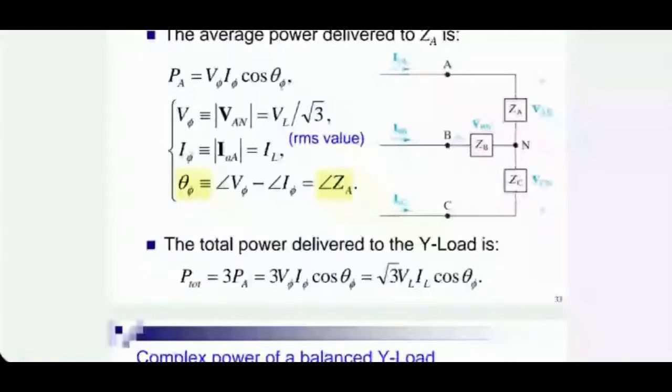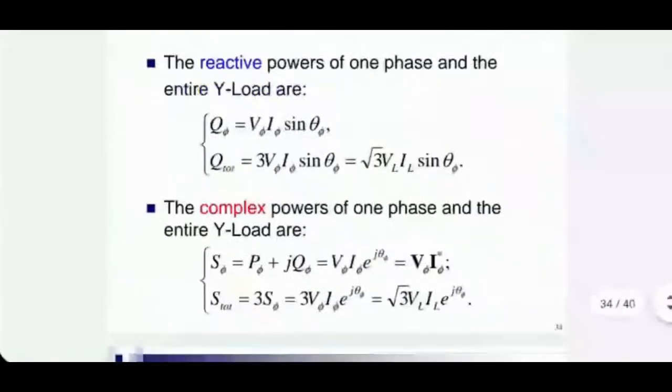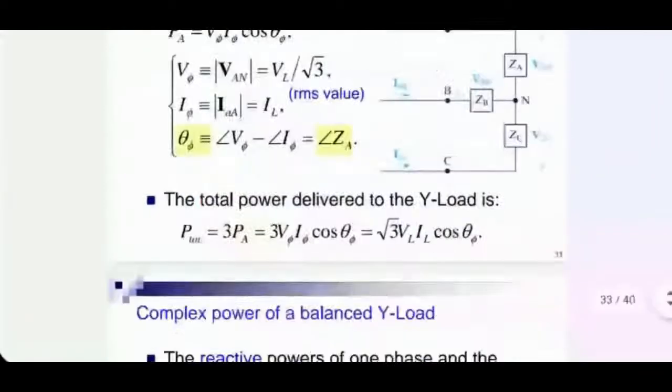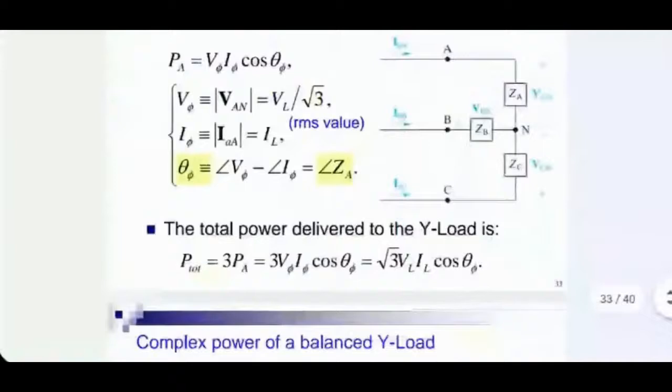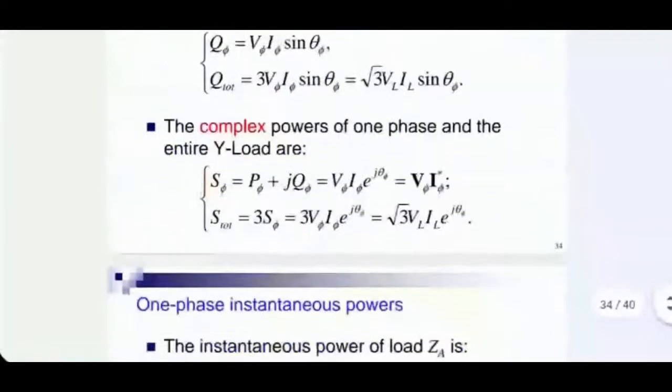Cos phi is the power factor for each of the branches of the load. So that proof is given here. Complex power is the square root of 3 VL IL e to the power j phi. If you take the real part, you get cos phi. The imaginary part, of course, is going to be sin phi multiplied by the remaining term.